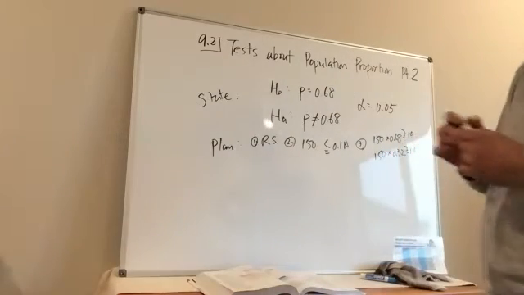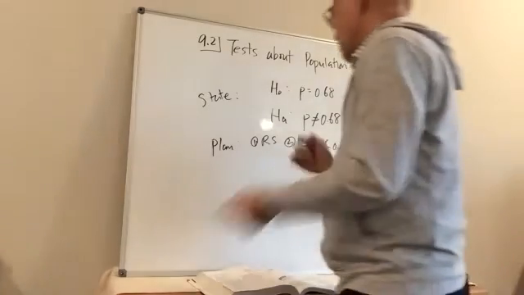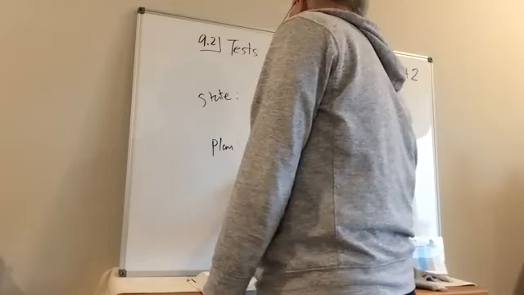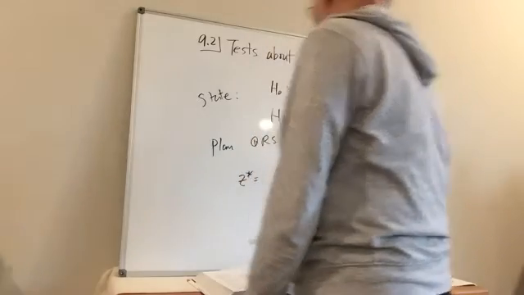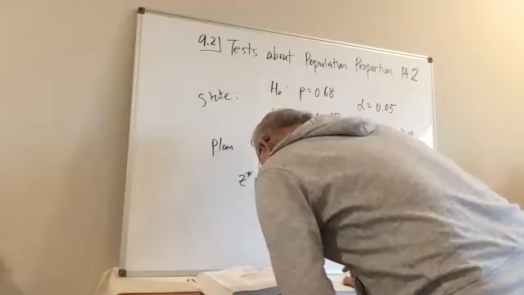So we're going to be good with the large counts. So let's go ahead and find the test statistic. The test statistic is what? So she did 90 out of 150, right?